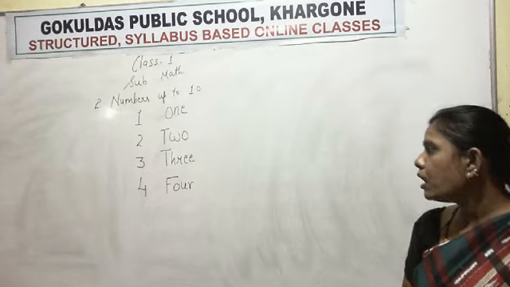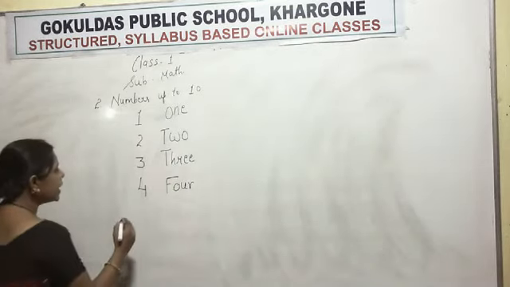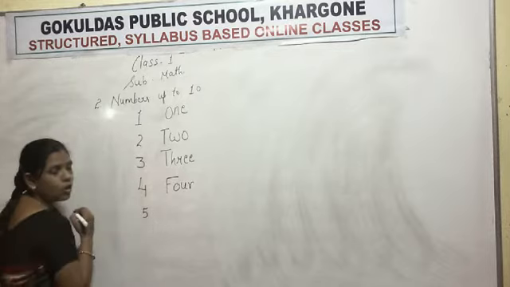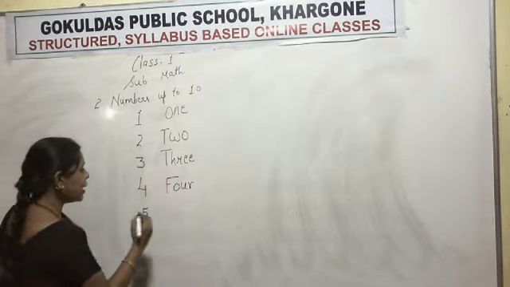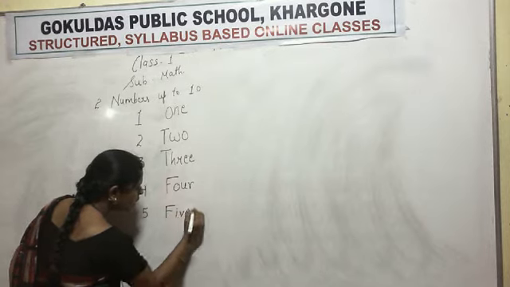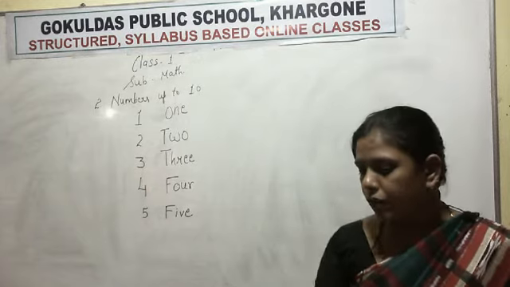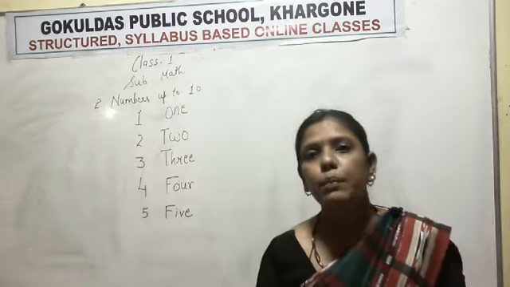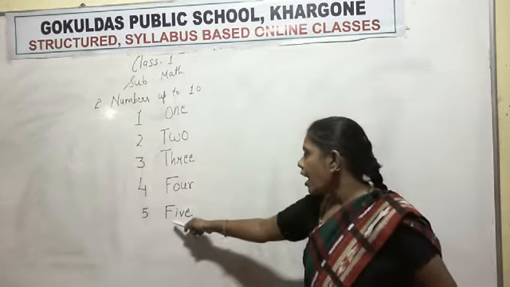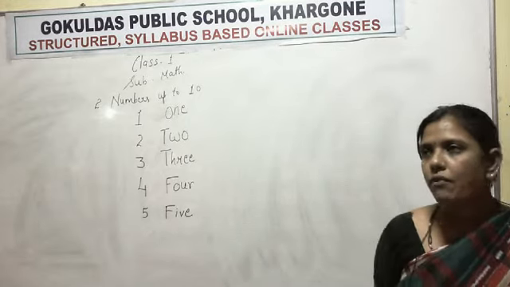What is the next number? The next number is 5. What is the spelling of 5? F-I-V-E, 5. Again repeat. F-I-V-E, 5.